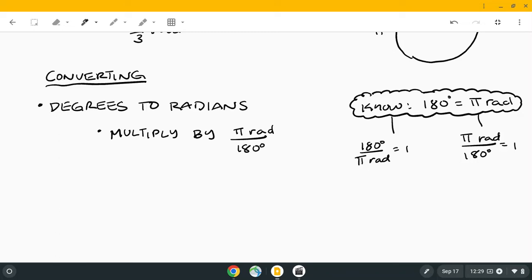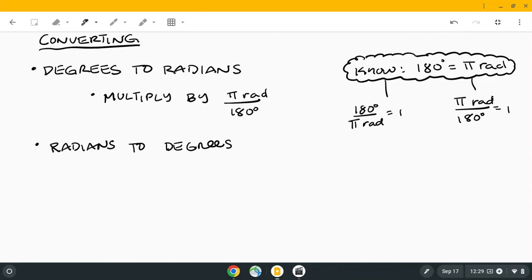And if we are converting from radians to degrees, then we multiply the radians by 1 written in the form of 180 degrees over pi radians.